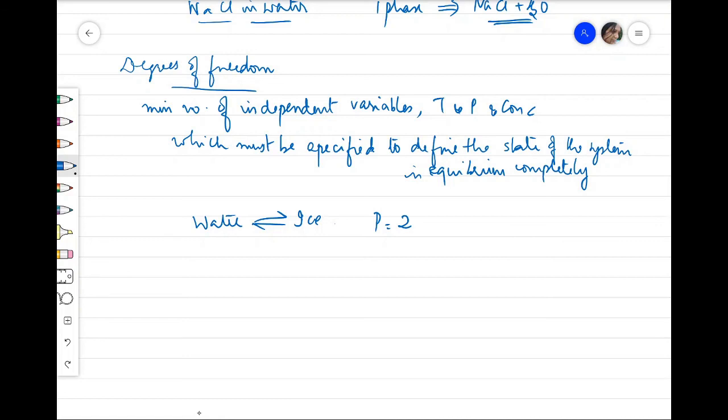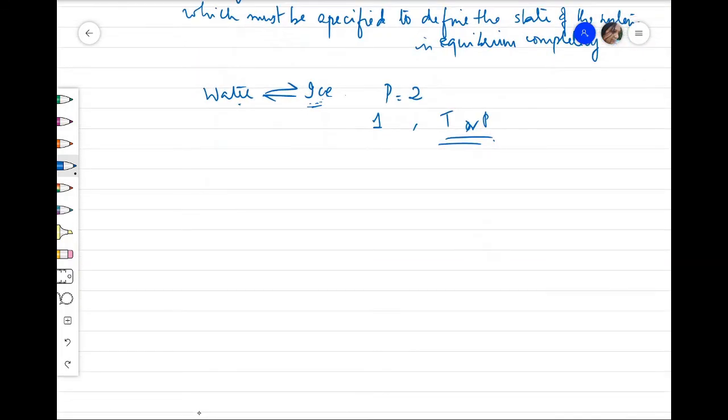If I want this water and ice to exist together, a system where ice and water stand like this, I'll have to define it, and the degree of freedom that I can get is only one. That is, we must specify either the temperature or the pressure. We'll be discussing that in detail when we take the one component system.